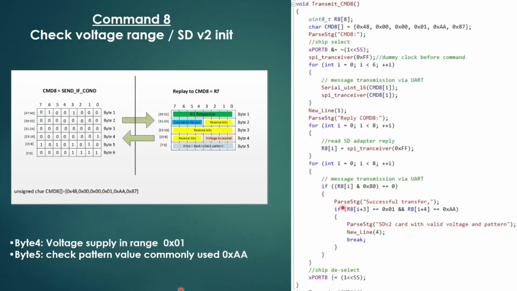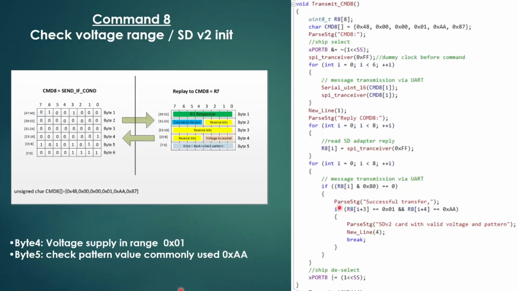So the first thing we look for is that the parameter was successfully transmitted and accepted. That's when this becomes 0. When this becomes 0, we are exactly at byte 1, which is the R1 response. So we're successful there.